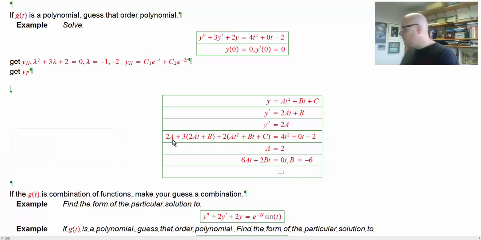Lastly, just the constant terms. I've got 2a plus 3b plus 2c equals minus 2. I already know what a and b are. That tells me that c has got to be 6.